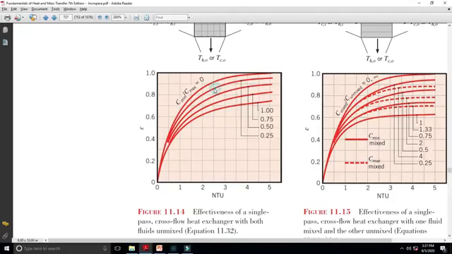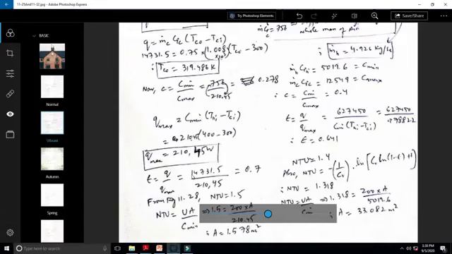If we follow 0.25 up to 0.75, go just above that, and come over here, it is just less than 1.5. You may take it as 1.45 or 1.5. So NTU would come out to be 1.45 or 1.5. I have taken it as 1.5.